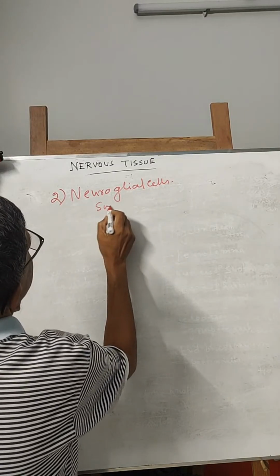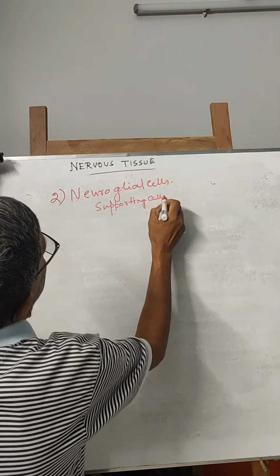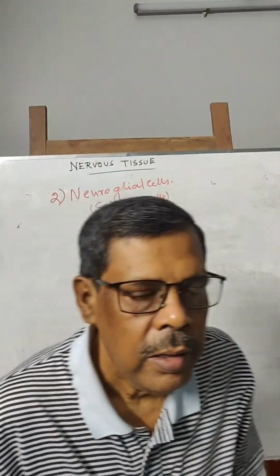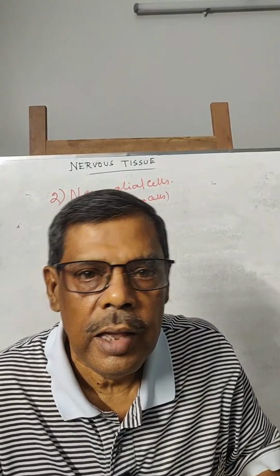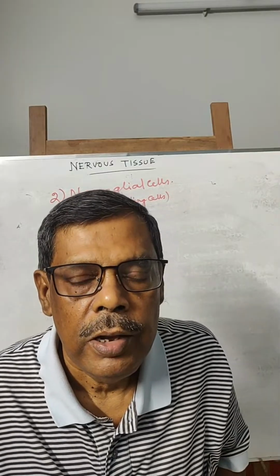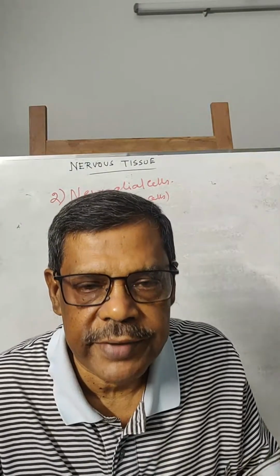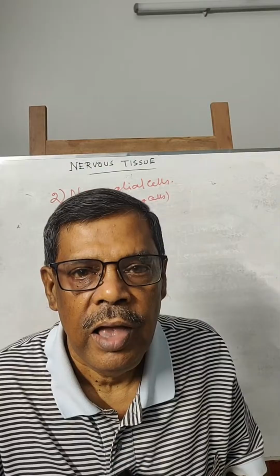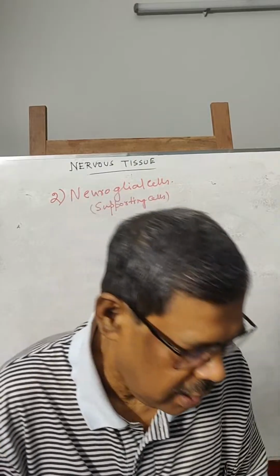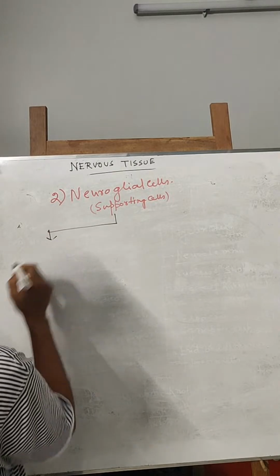In nervous tissue, there are many more neuroglial cells than neurons, which protect, nourish, and regenerate or repair the nerve cells. There are several types of neuroglial cells.